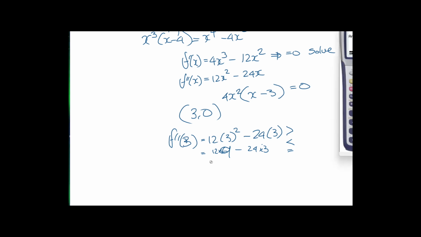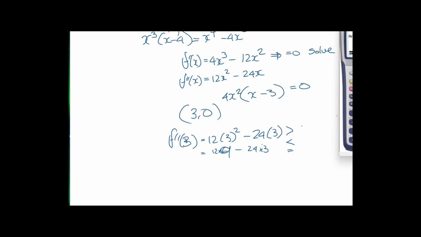Oh, silly mistake. 12 times 9 equals that, minus 24 times 3 is 36.